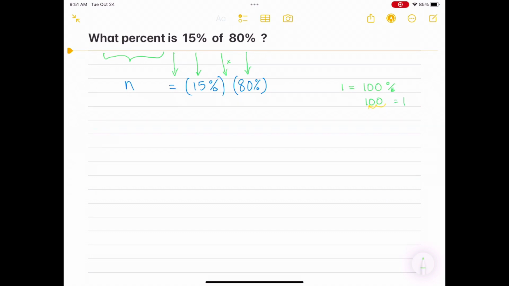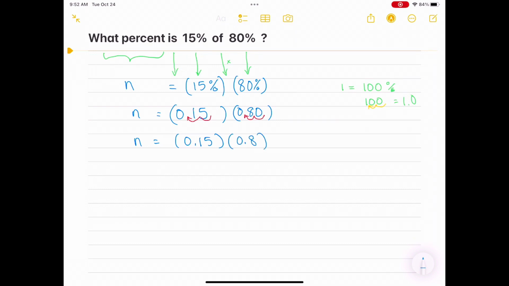So I go back to my original problem and convert 15% into the decimal 0.15 by moving the decimal point 2 places to the left, and 80% to the decimal 0.8. So now I have n equals 0.15 times 0.8. I rewrite that on the next line, leaving out all the scoops so that I have a clean equation to look at.